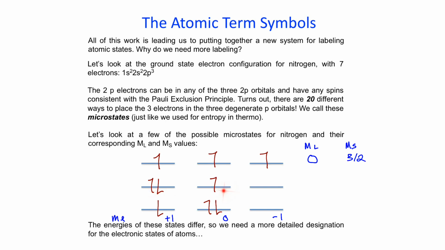And then we get a 0 M sub L from this electron, so we have a total of +2 for that M sub L. And then adding up our spins, whenever you've got paired electrons, they automatically cancel those spins out. So we get 0 spin from those paired electrons. We're left with 1 spin up, so that gives us a +1/2 M sub S for that.